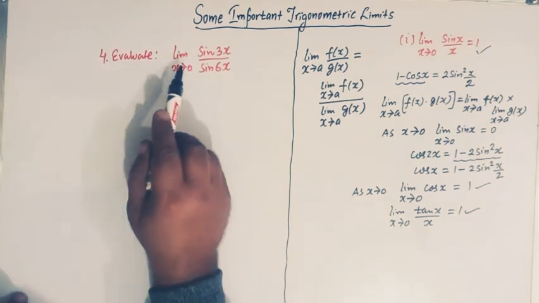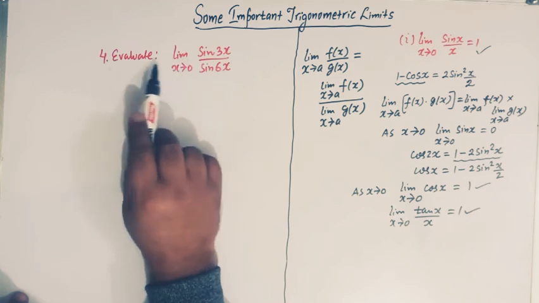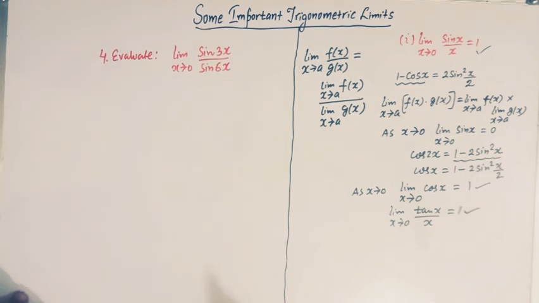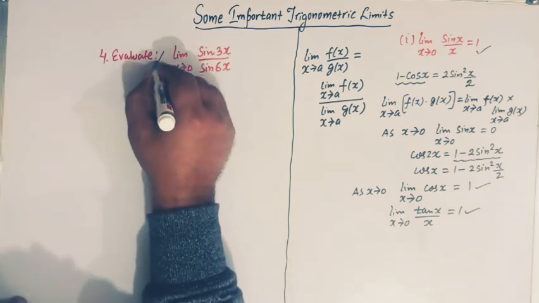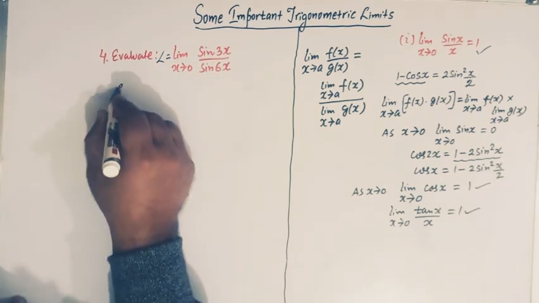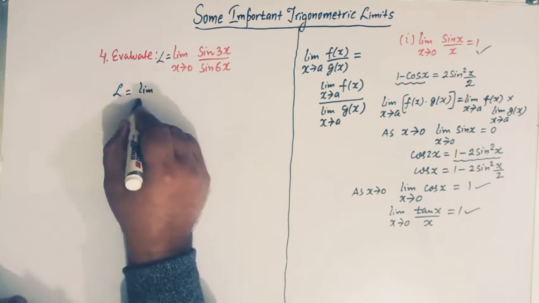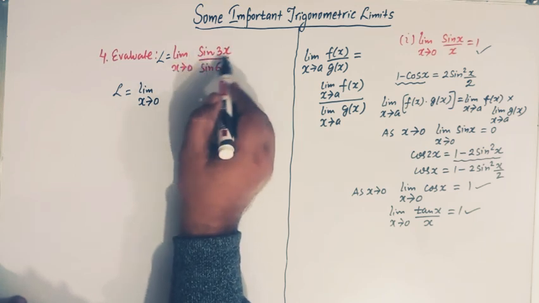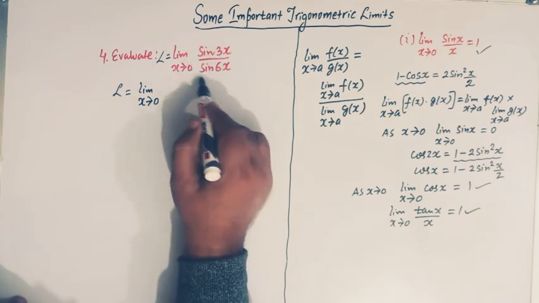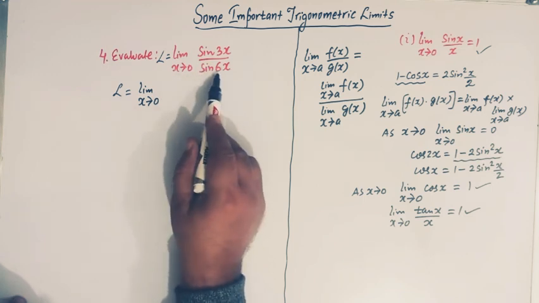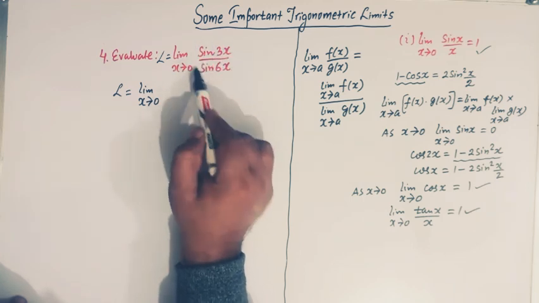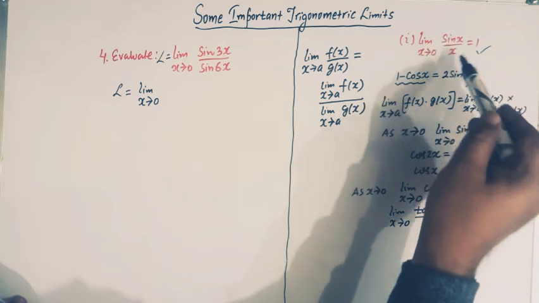Now let us take this limit. So here we have to evaluate limit x tends to 0 sin 3x divided by sin 6x. So now let us call this limit as L. Now L can be written as limit x tends to 0, and now see, in the numerator we have sin 3x and in the denominator we have sin 6x. Now our aim is to express this expression in the form of sin x over x.